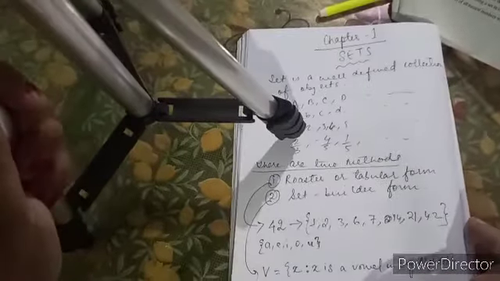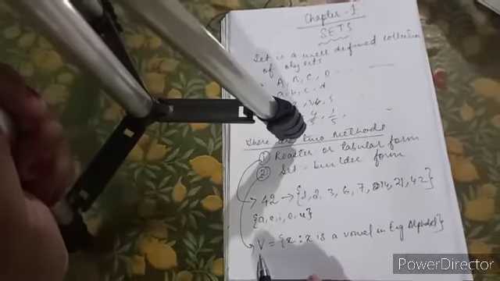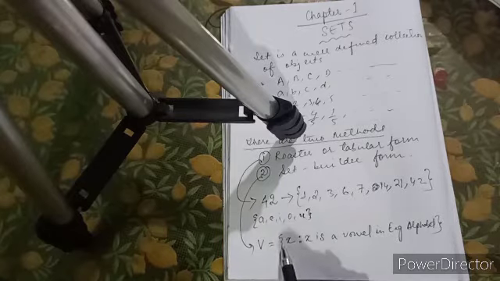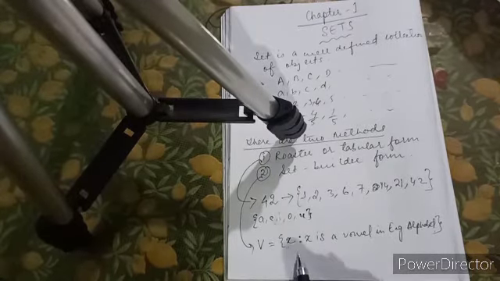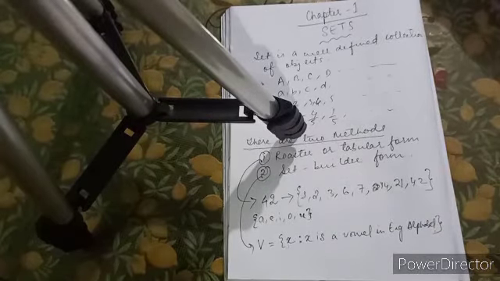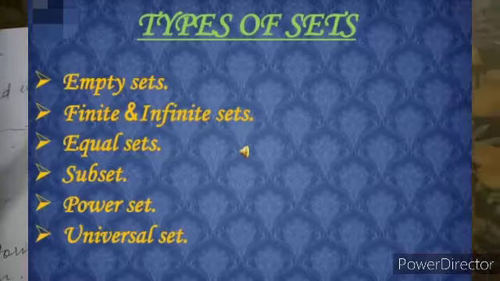So V is the set of vowels, defined with capital V, and inside the curly brackets x defines the element, which must be a vowel in the English alphabet. So what will the answer be? Simply A, E, I, O, U. But we are not writing the answer, isn't it? We are simply defining the form of the elements inside the curly brackets.